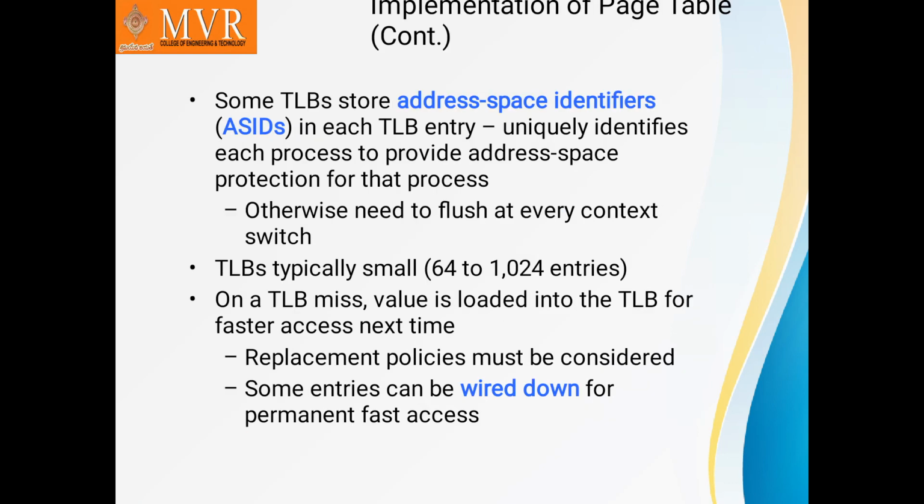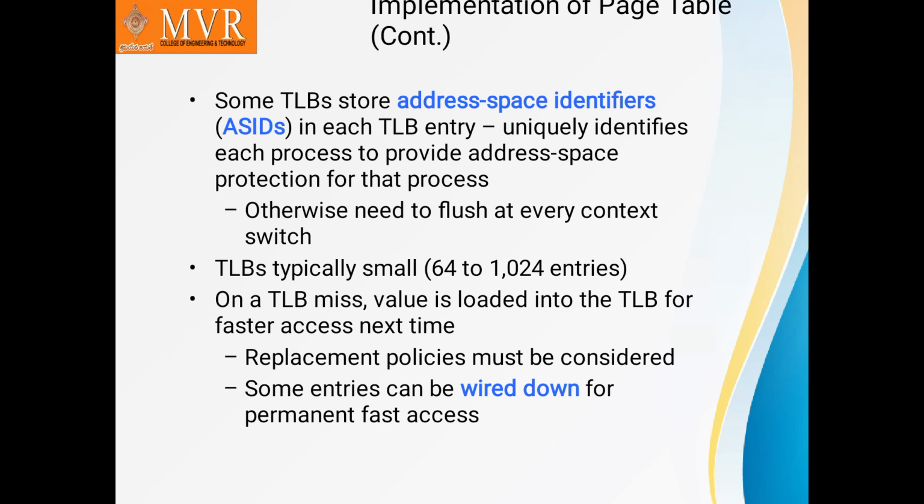Some translation look-aside buffers store address space identifiers, that is ASIDs, in each TLB entry, which uniquely identify each process to provide address space protection for the process. Otherwise, we need to flush the TLB at every context switch.